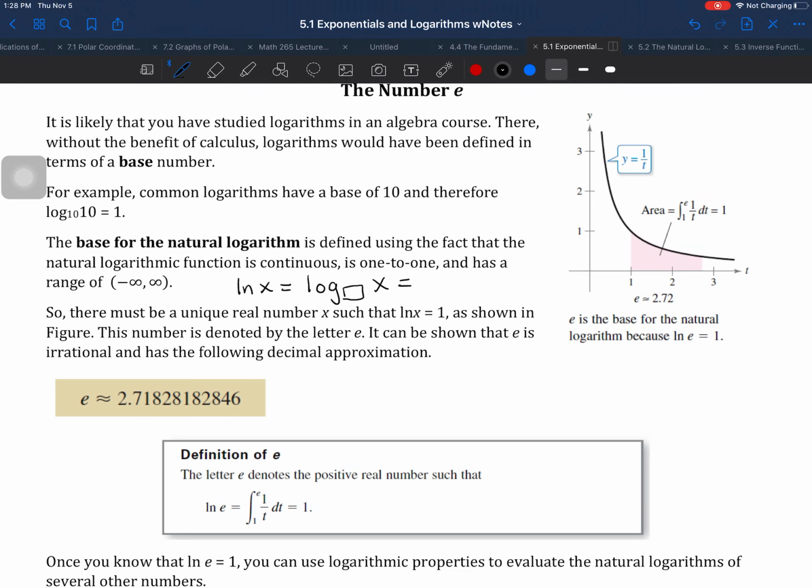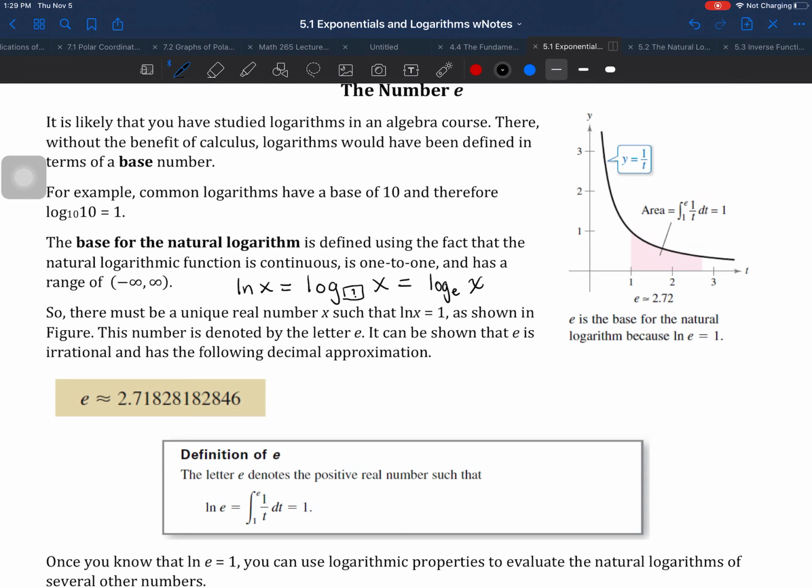This number that we are looking at is going to be denoted as e. It can be shown that e is irrational, and it has the following decimal approximation: 2.7182818284, and it goes on forever.